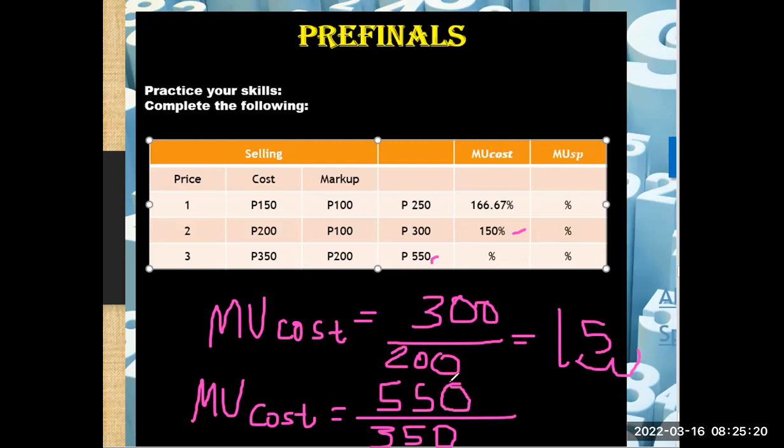So 550 divided by 350 is 1.5714. And that is 157.14%.